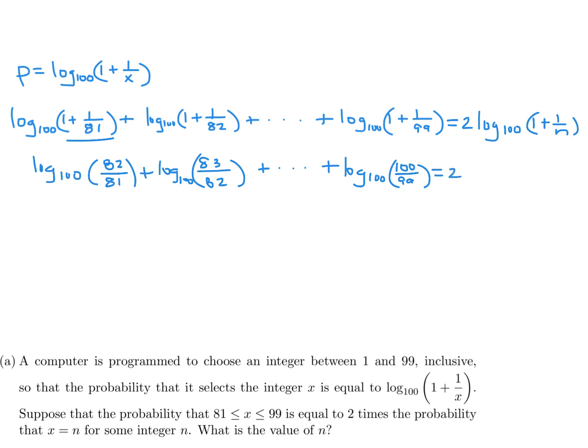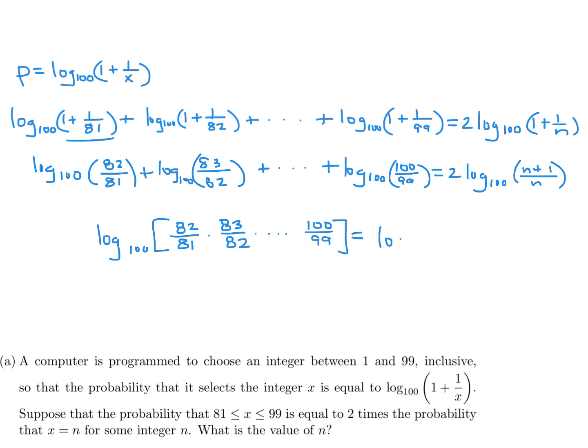This is just going to be 2 log base 100, and then I'm going to add that, so it's going to be n plus 1 over n. Okay, now use log rules. Remember, you can combine these since the bases are the same. It'll be 82 over 81 times 83 over 82 times all the way till you get to the 100 over 99.